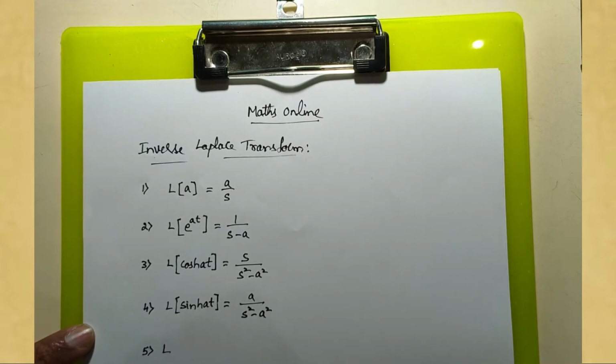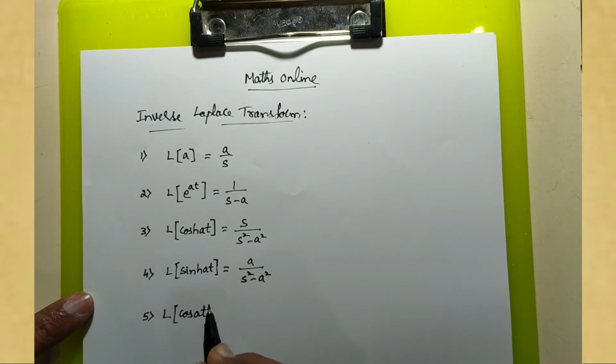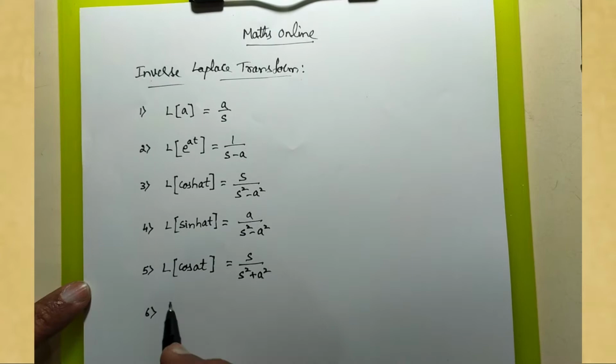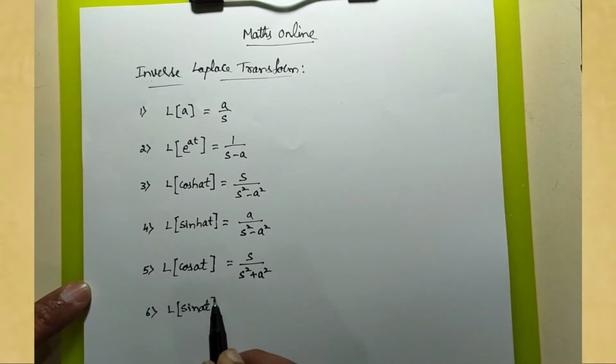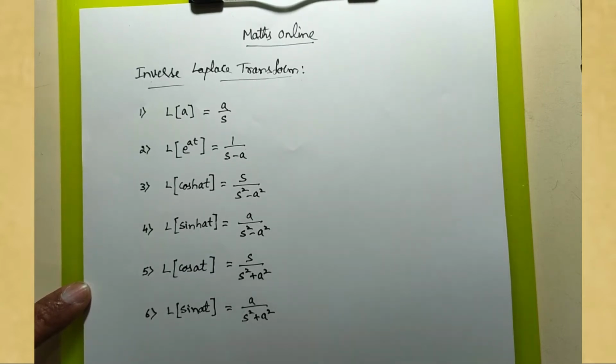Then Laplace transform of cos at, its formula is s by s square plus a square. Next you have Laplace transform of sin at, its formula is a by s square plus a square.